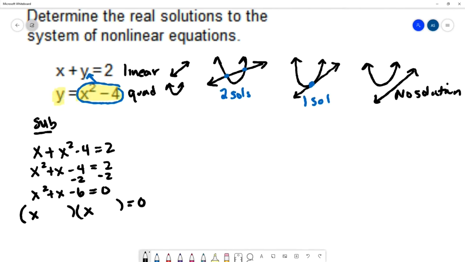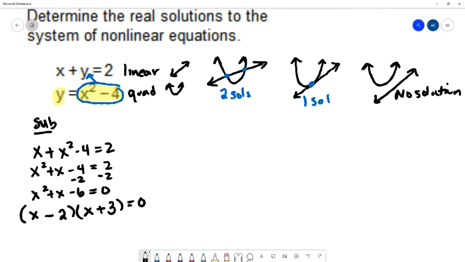x times x is x squared. 6 is 2 times 3. And that's a negative 6, so I know one of those numbers is going to be negative. Then I look to the middle term, which is a positive 1, so I want my larger number to be positive.